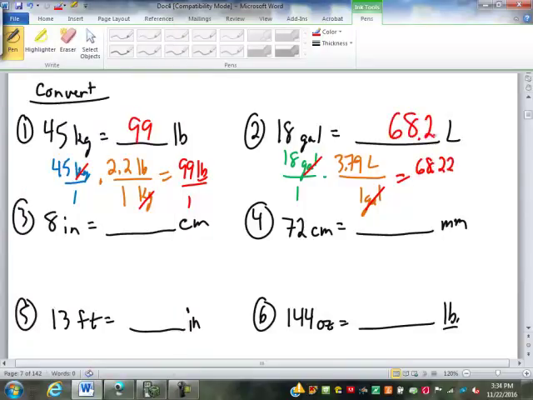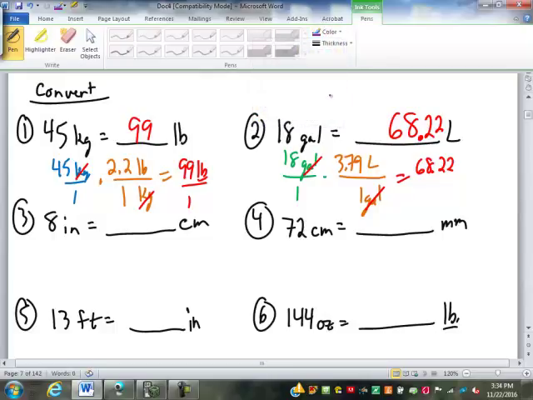So 68.22 liters. Now, if this were a technical math class or a little bit more advanced math geared towards engineering or something along that line in design field, we would probably talk about significant digits and how we can't leave that as 68.22. But for our purposes, we're just going to go ahead and leave it like that.